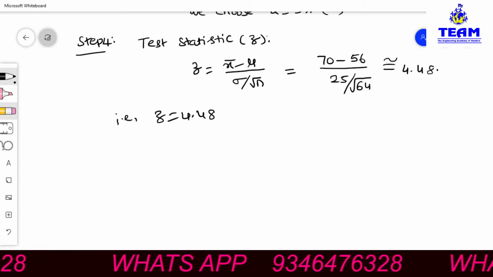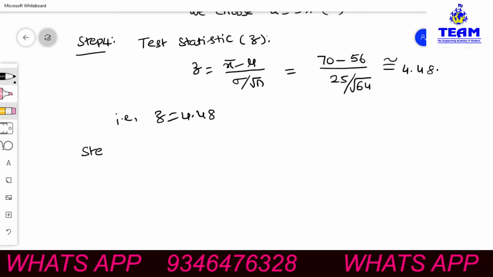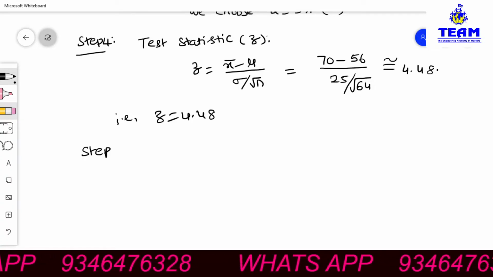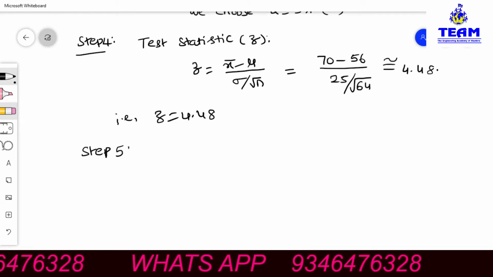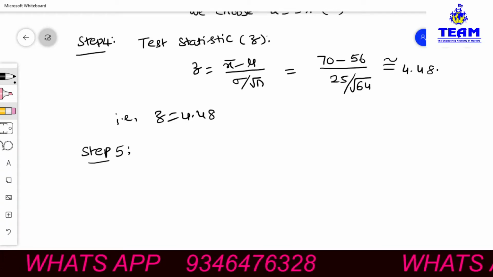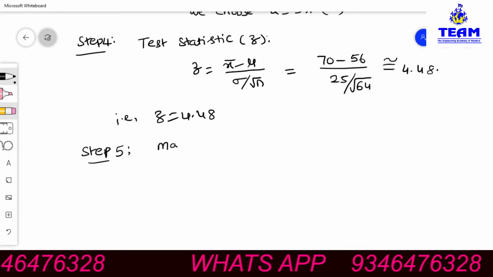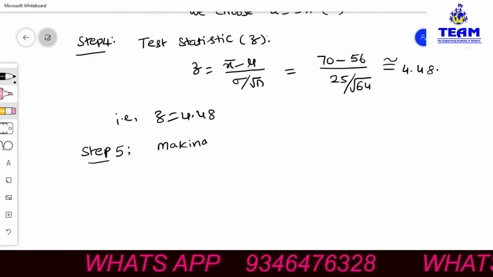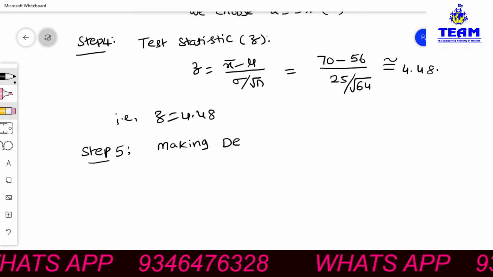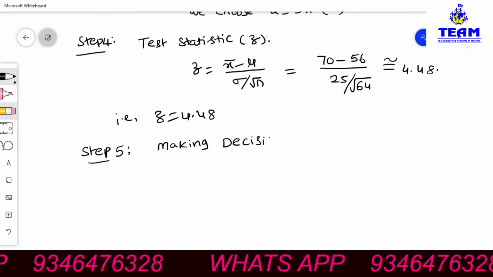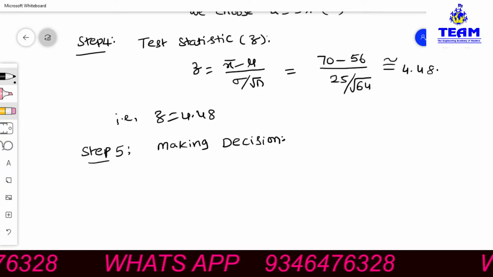The last step, which decides whether the given data is acceptable or not, is the fifth step, making a decision, sometimes called the conclusion. How do you take a decision?